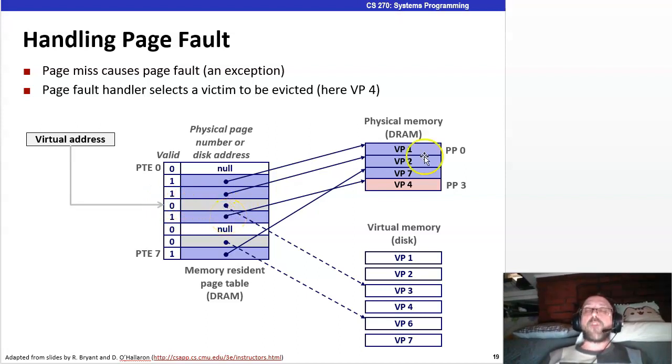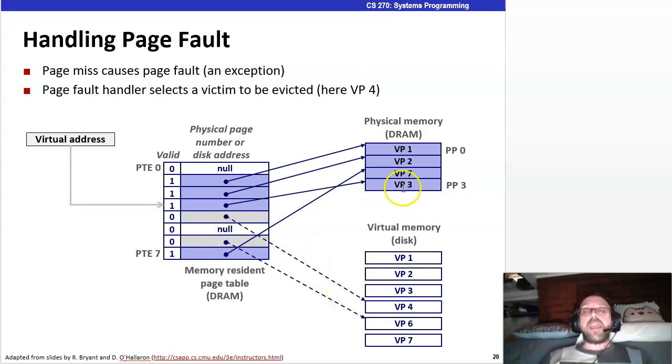So we take a look in the page table. If anything has been changed in memory, so if that physical page is dirty, if it has changes that aren't yet reflected on the disk, then the operating system has to write out the contents of physical page 3 to the appropriate page of the disk, and then it marks as invalid the page table entry for whatever's being evicted, virtual page 4, and points that instead to the location on the disk.